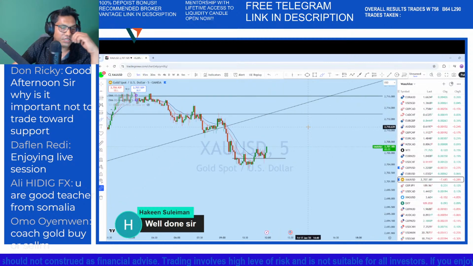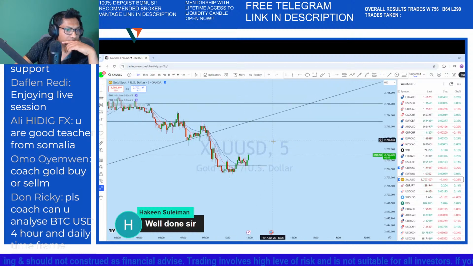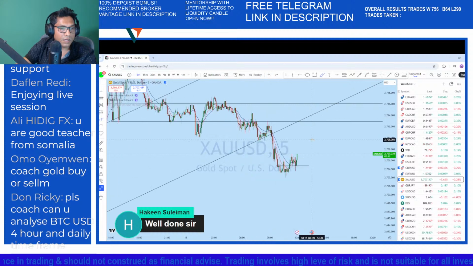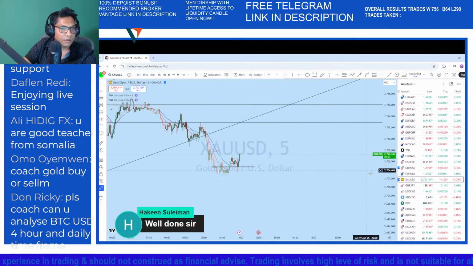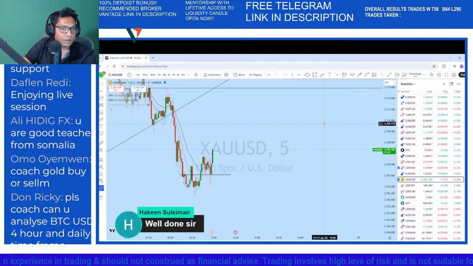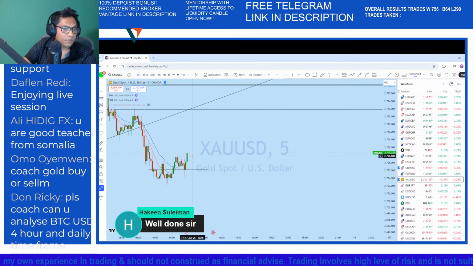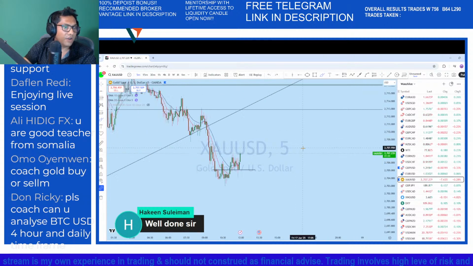Lower time frame price action, we can see this is a bullish market here, and in this bull market, you can see this is potentially an inverted head and shoulders on the 5 minutes.